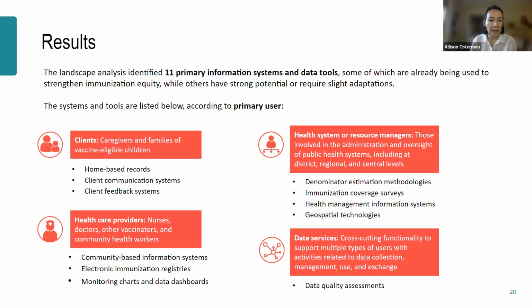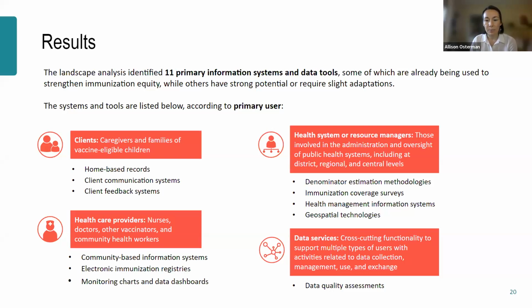And so in this slide, we grouped the systems and tools according to who is the primary user. There are three main user types: clients, healthcare providers, and health system or resource managers. And within these groupings, we were thinking about who is using the system or tool to collect and use data, and at what level is the data being collected.